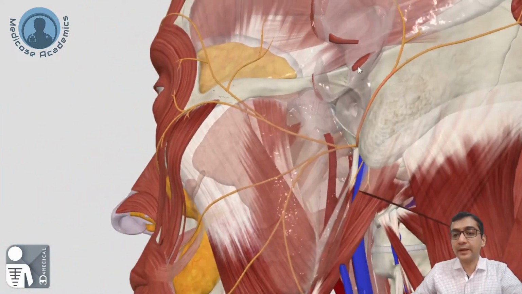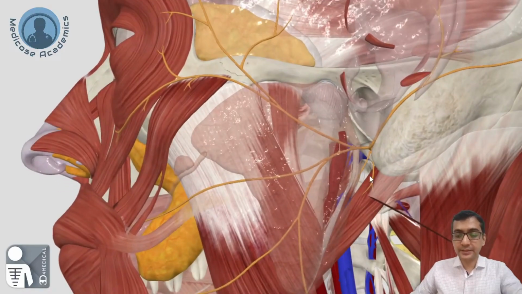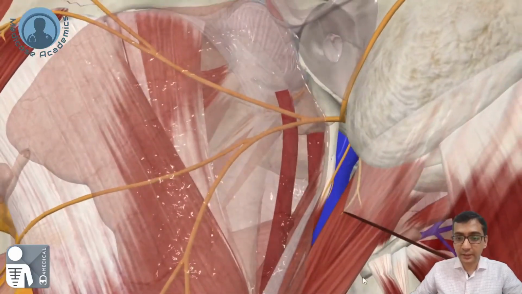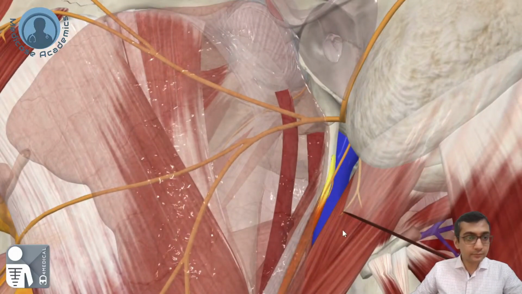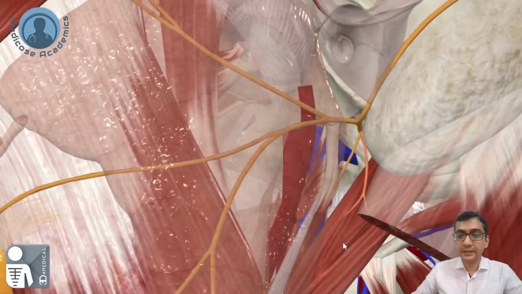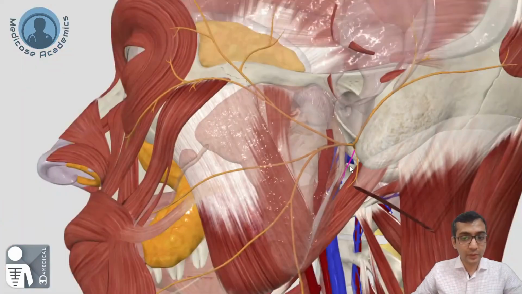This branch that is going back supplies the posterior auricular muscle and the occipital belly of occipitofrontalis. And then you can see these two muscles attached here, the stylohyoid and posterior belly of digastric. So these are branches of the facial nerve.